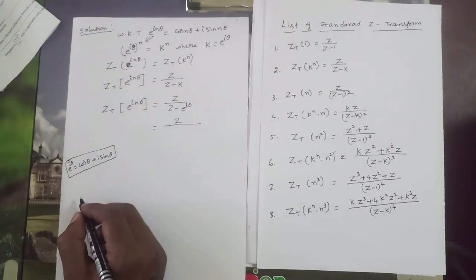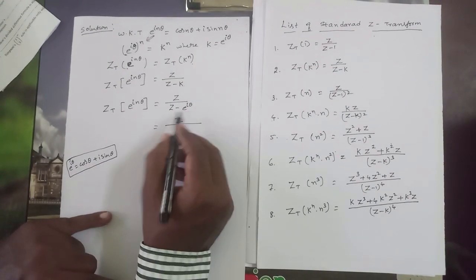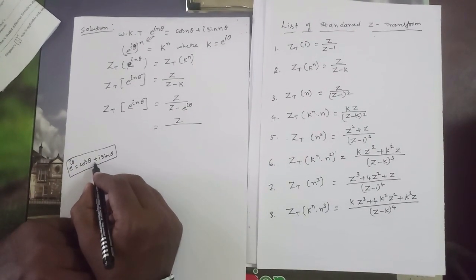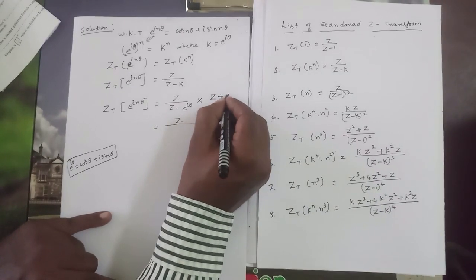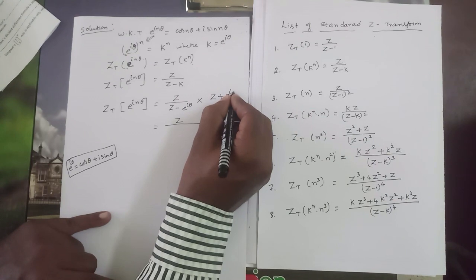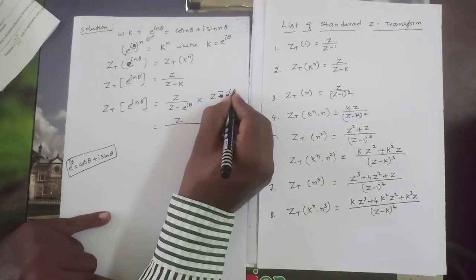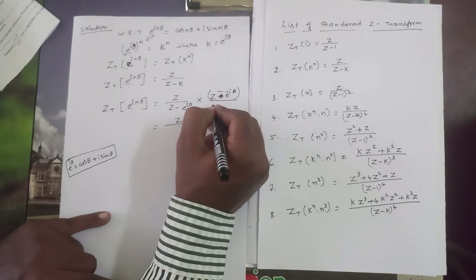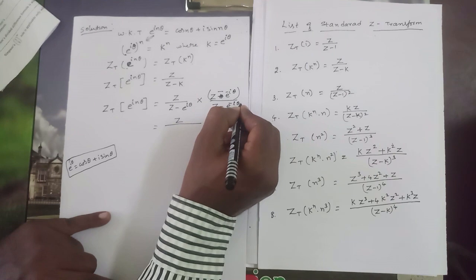So now if you substitute directly, you can't simplify this one. First multiply and divide by z minus e to the power of minus i theta to rationalize this one. So what do you get? Z minus e to the power of minus i theta divided by z minus e to the power of minus i theta.